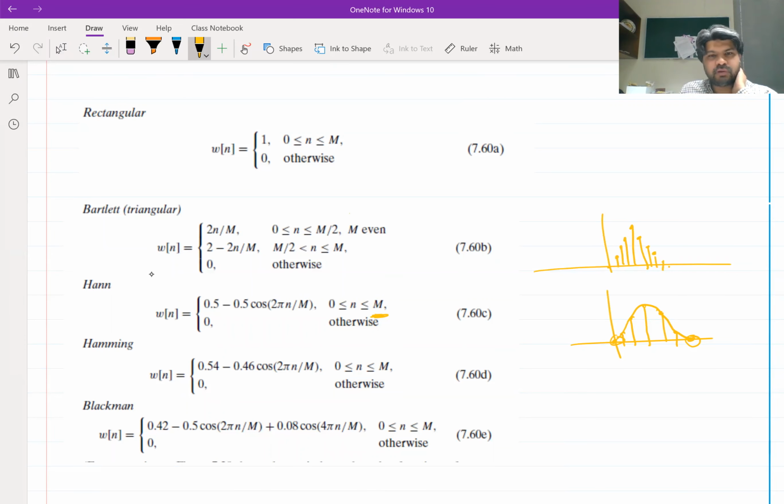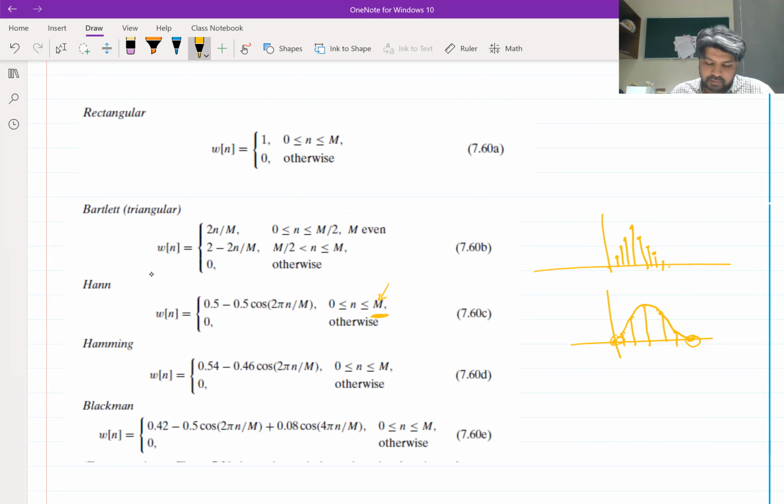So while you are using M, your textbook calls M the order of the filter, but the length is M plus 1 here. So it depends. Different textbooks have different notations. So we'll stick to this M notation. So for an Mth order FIR filter, effectively your taps are M minus 2. 2 taps are 0, you are not using them, okay? So that is one of the features of the Hann window.